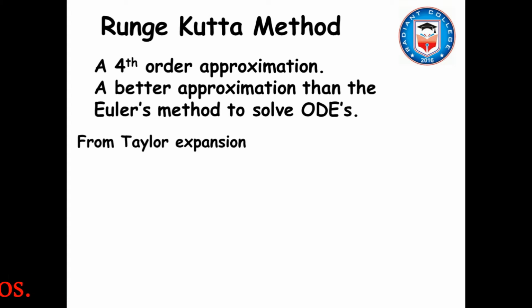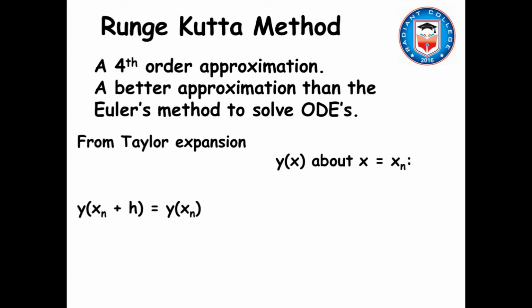From Taylor expansion, let we have y of x about x equal to xn. And we can say that y of xn plus h is equal to y of xn plus h y derivative plus h square by 2 y double derivative and so on.